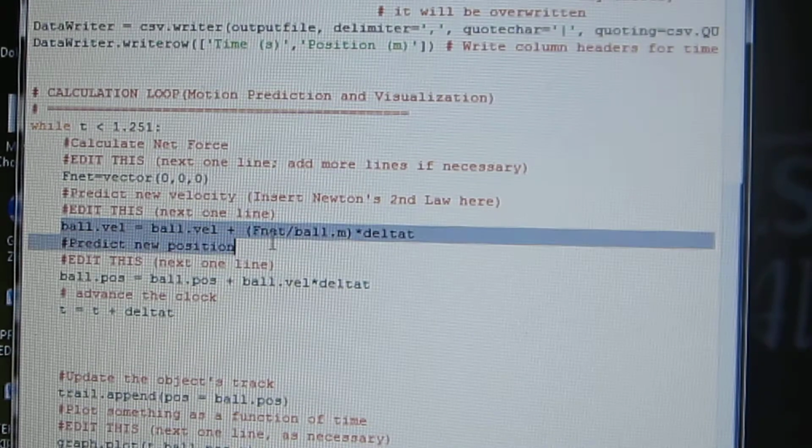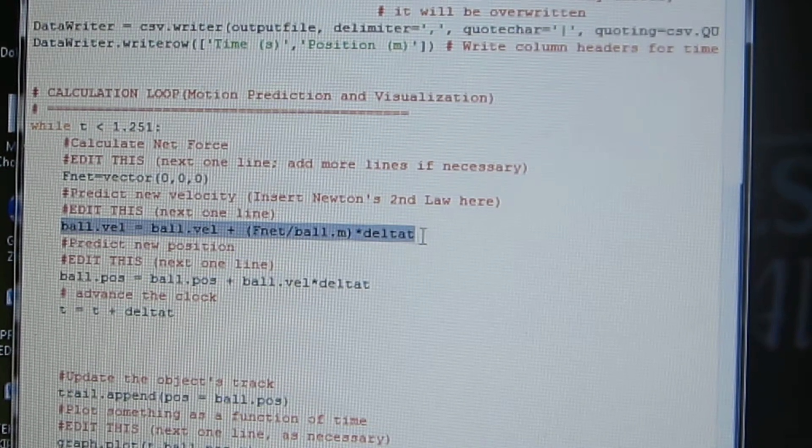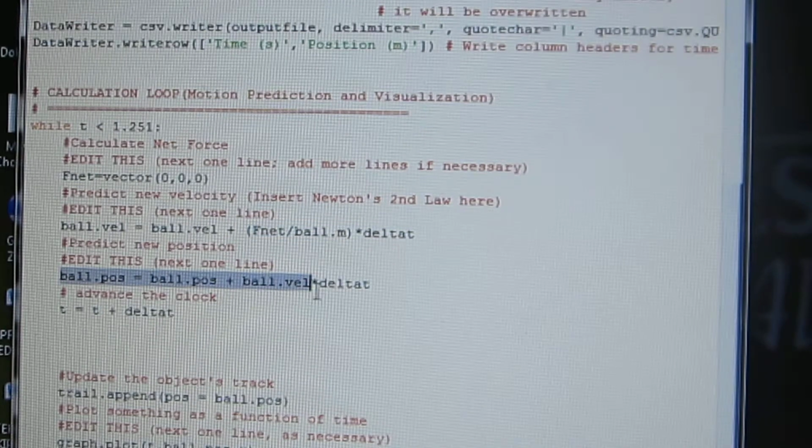Ball velocity is constant because forces are 0, so the second term in this formula is 0. Ball position we calculate by this formula, and t equals t plus delta t.